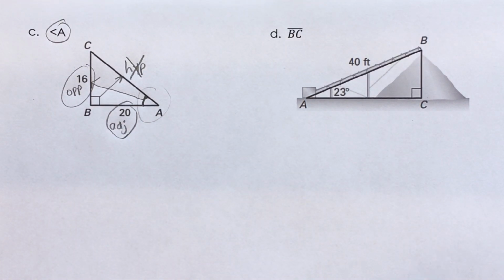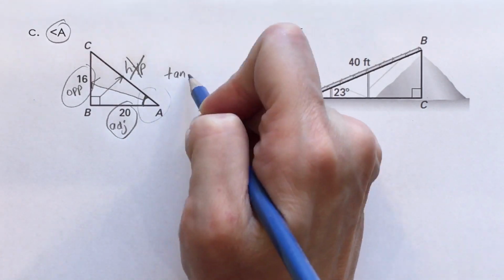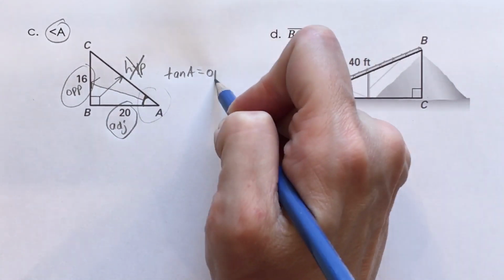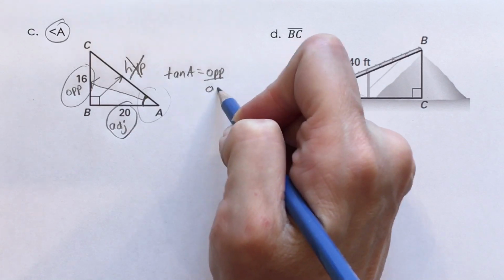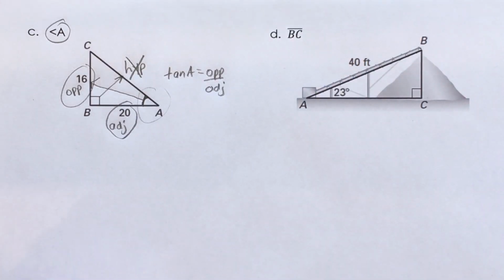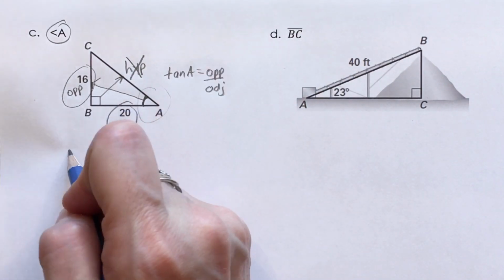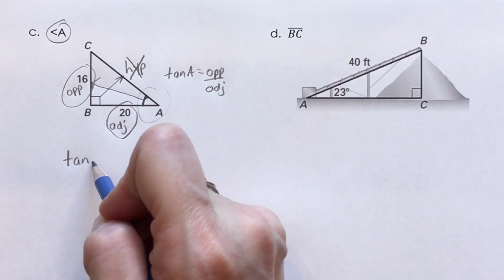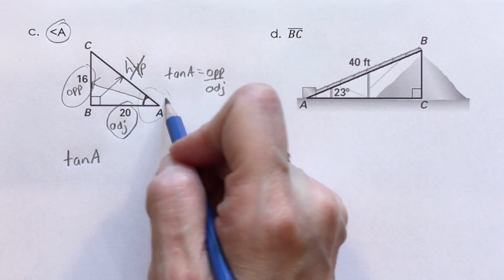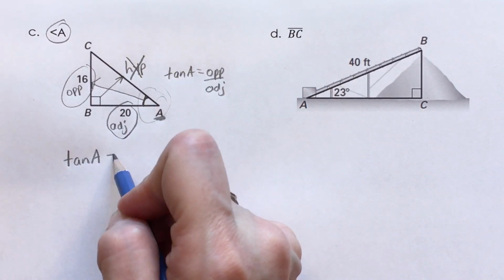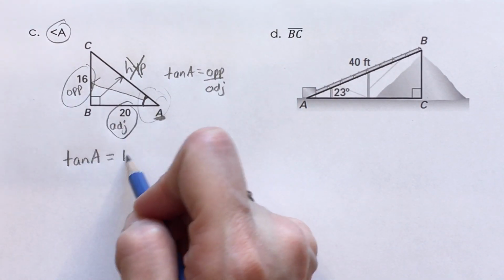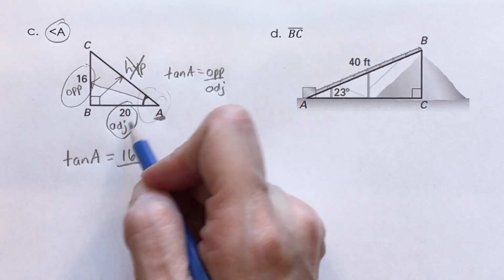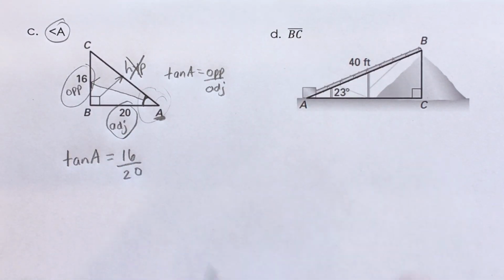And if you go back to the last page, you'll see that it's tan of angle A is equal to the opposite divided by the adjacent. So that's the formula we're going to use. Tan of, we don't know the angle, that's what we're trying to find, so we'll just call it angle A, is equal to the opposite, which is 16, divided by the adjacent, which is 20.